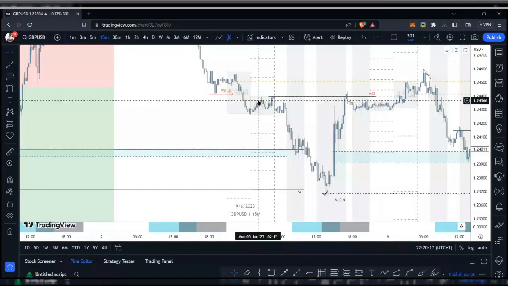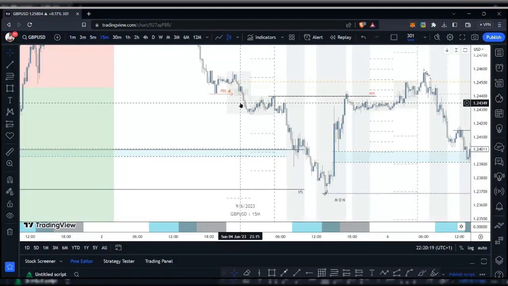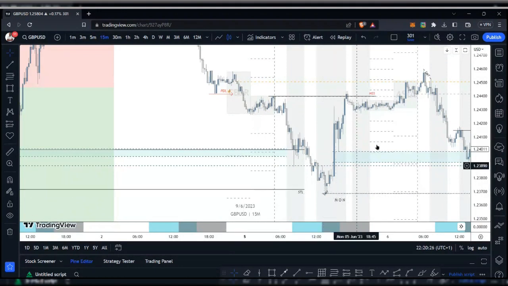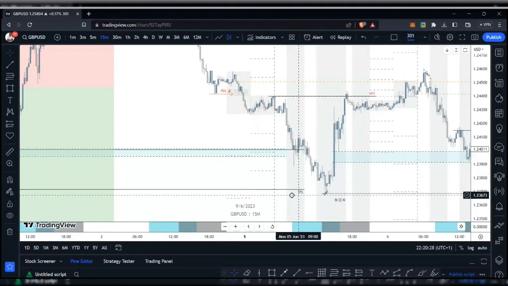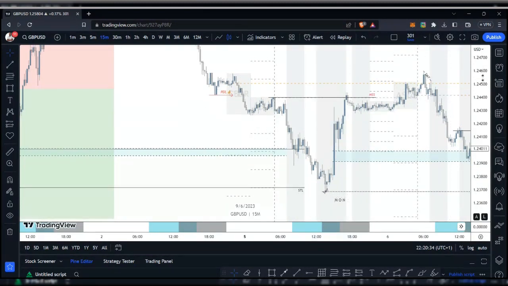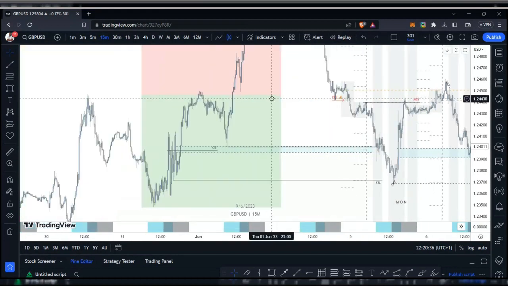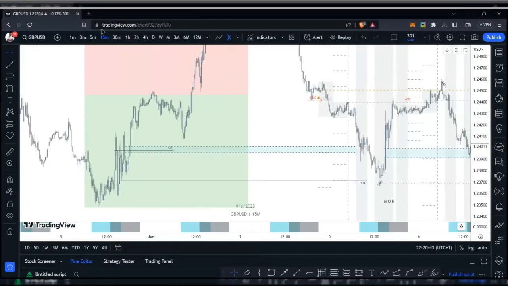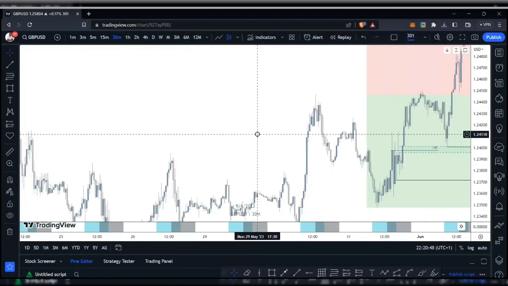Monday, standard deviation: this is standard deviation 1, this is standard deviation 2. You can see that this push up happened where? At 2 standard deviation. And I told you that when you mark out your standard deviation, you look to the left to find something you can play: either an imbalance, an order block, or a liquidity sweep.